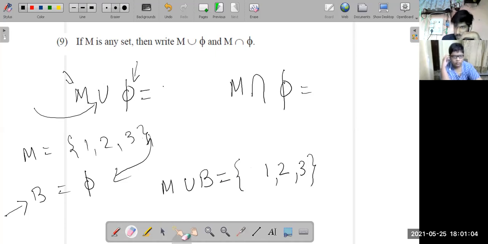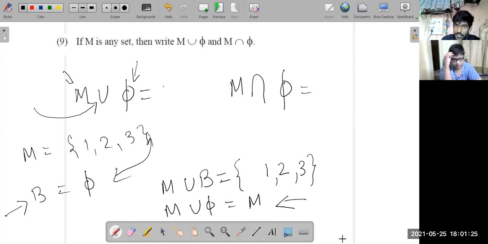But what is this? Isn't this same as M? Equal sets. So you can write this is equal to M. That means M union empty is same as M.